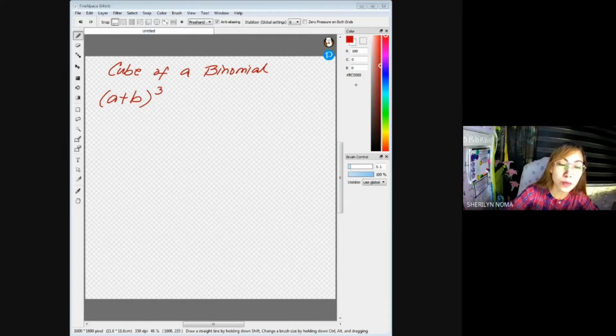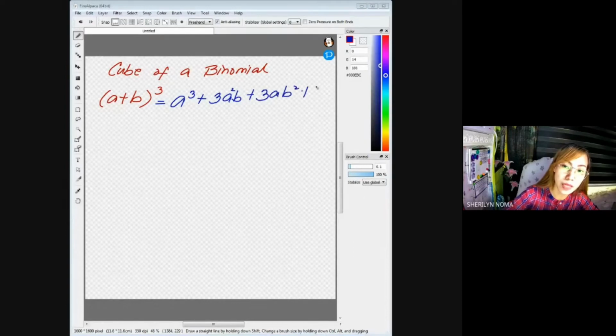So, sabi nga, cube of binomial. So, binomials, 2 terms, and then raised to 3. That is the cube. Okay? So, ito po yung magiging formula. Okay, so we have a cube plus 3a squared b, plus 3ab squared plus b cubed.